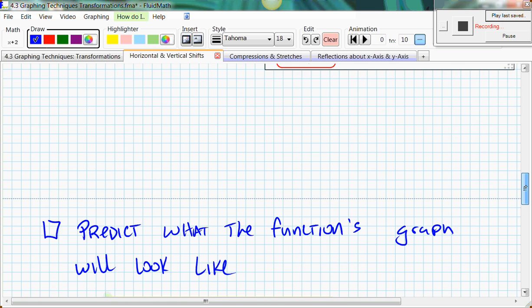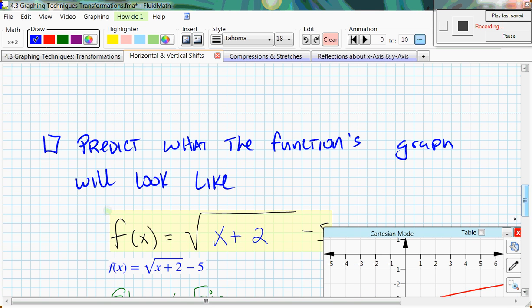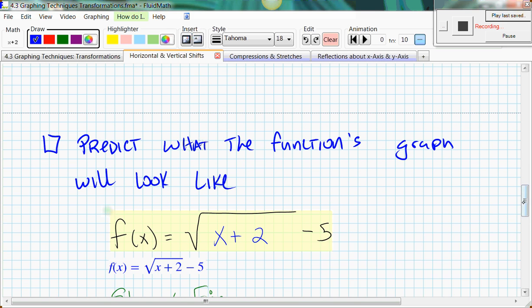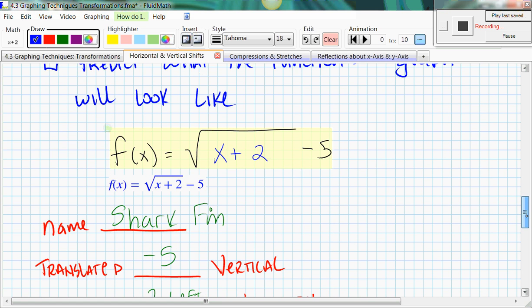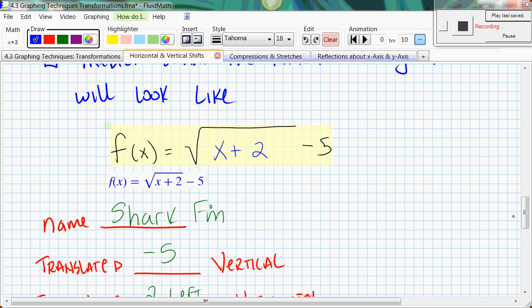Okay, so let's try and predict what this is going to look like here. I asked everybody, now that you have the square root of x plus 2 minus 5, what do you think the graph will look like? Well, since it's a square root function, it's going to be the general shark fin shape.